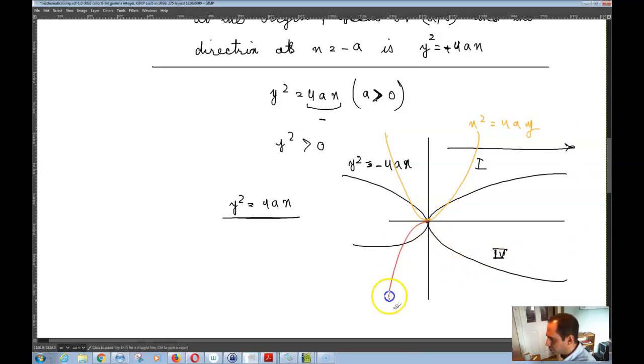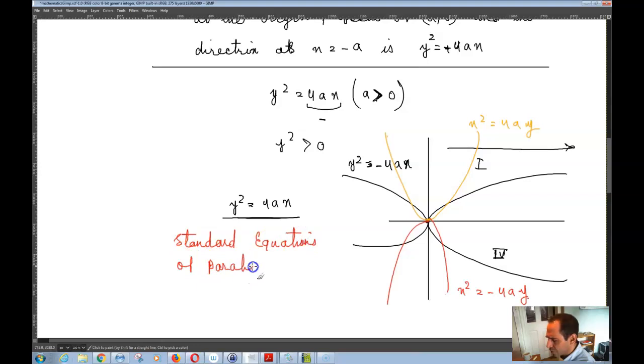If your parabola is like this, it's going to be x squared is equal to negative 4ay. All of these four equations are called the standard equations of parabolas.